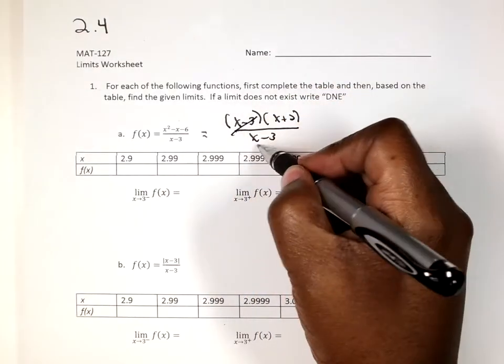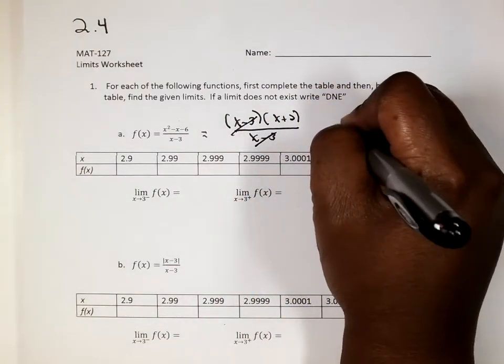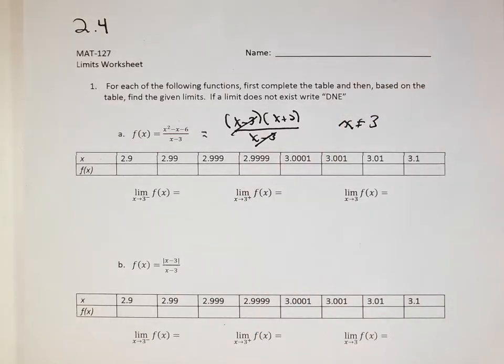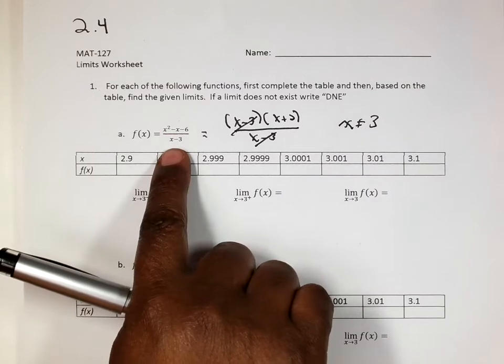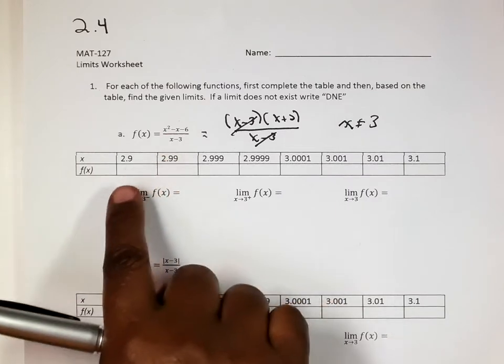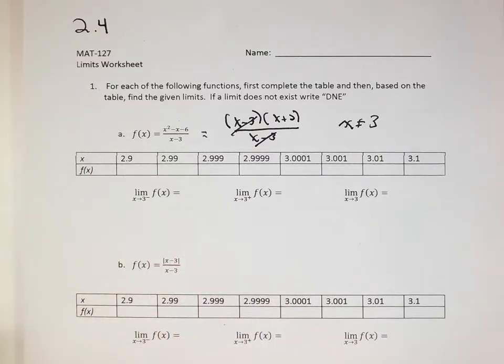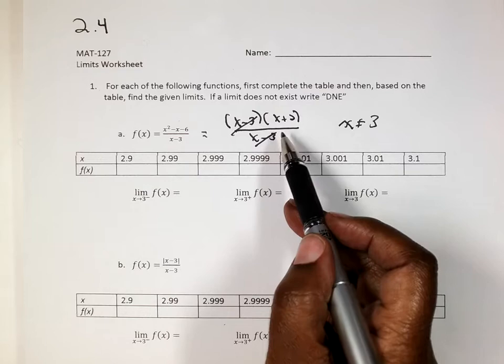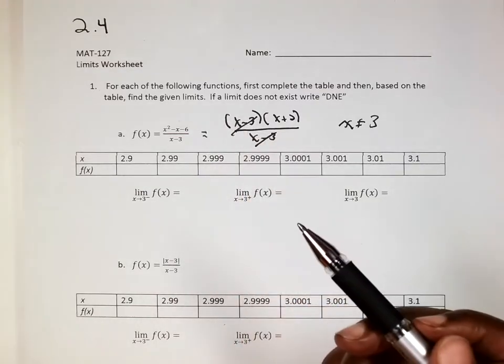And then you can see these factors cancel out. Now we know 3 is not in our domain, because I'm not allowed to have division by 0, but that's okay. I'm going to be looking at the limit as x goes to 3 from the left and the right, but really all I have to do is plug it into x plus 2, because these values just simplified away.